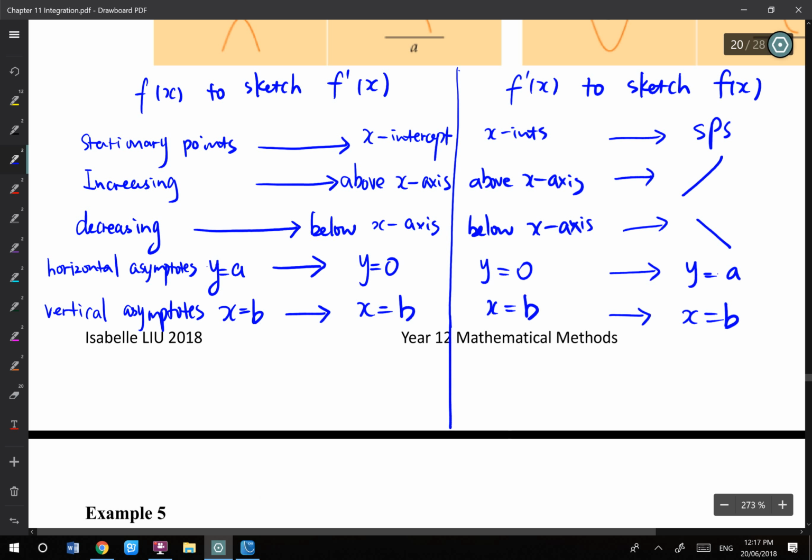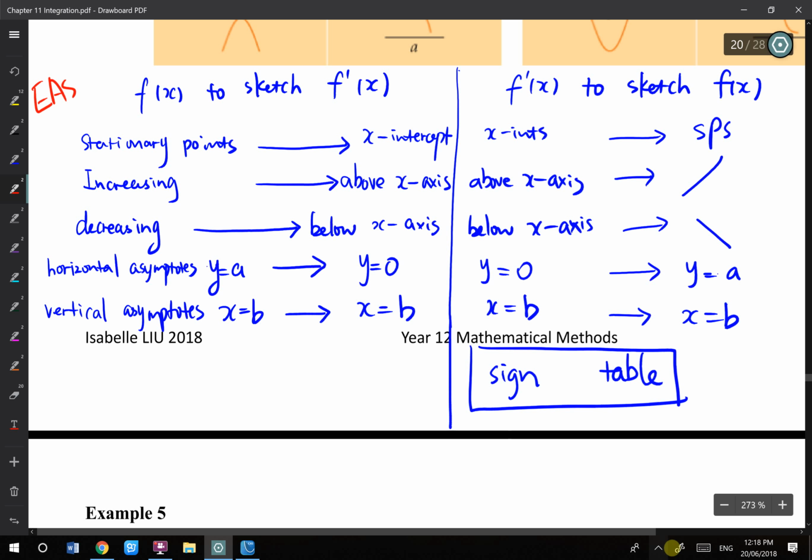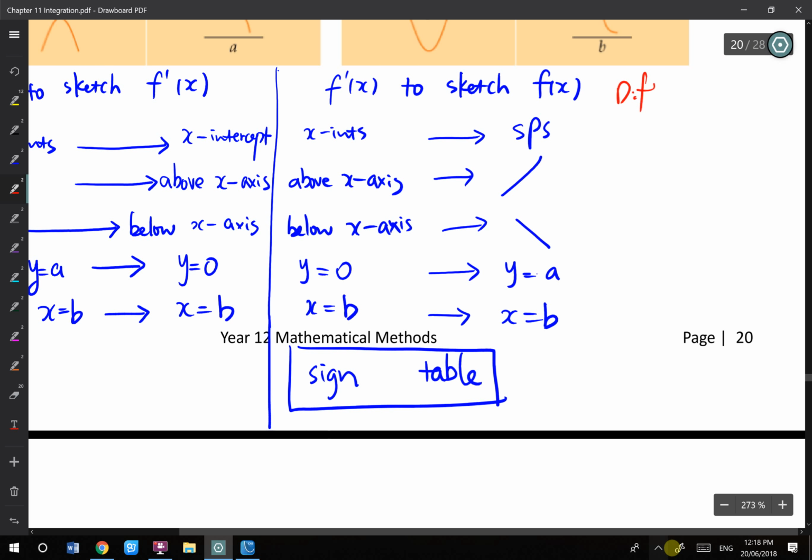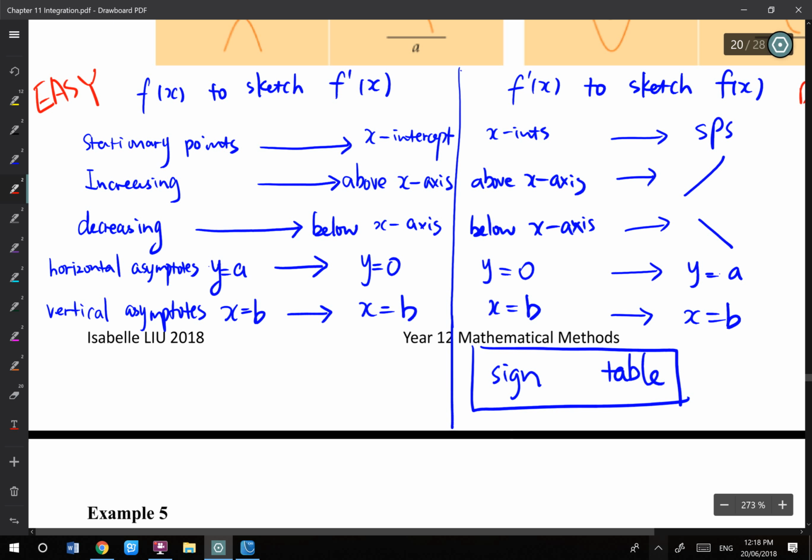But it's not enough. All of this information needs to be put into the sign table. It's easy to sketch from f(x) to f'(x), I can just look at it and sketch it.